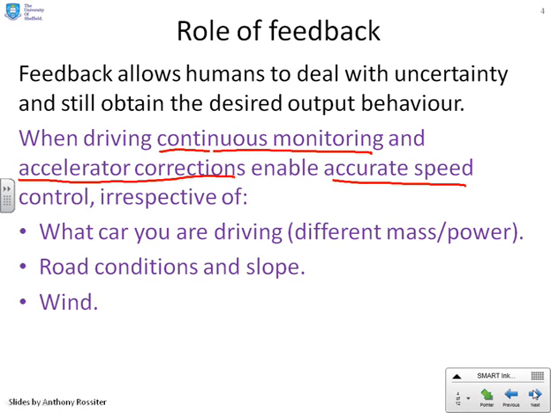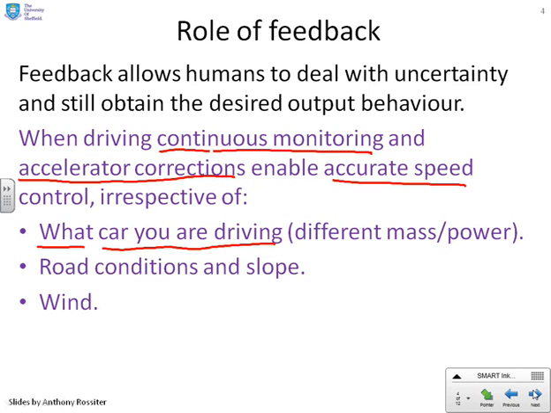Now, the interesting thing is that this seems to work no matter what car you are driving. So you could get into 2, 3, 4, 5 different cars, very different masses, very different powers, and yet you're still quite effective at controlling the speed. Okay? And it's this monitoring and feedback mechanism which allows you to do it. So even though your knowledge of the model of the car is somewhat imperfect, you still manage to control speed very accurately.